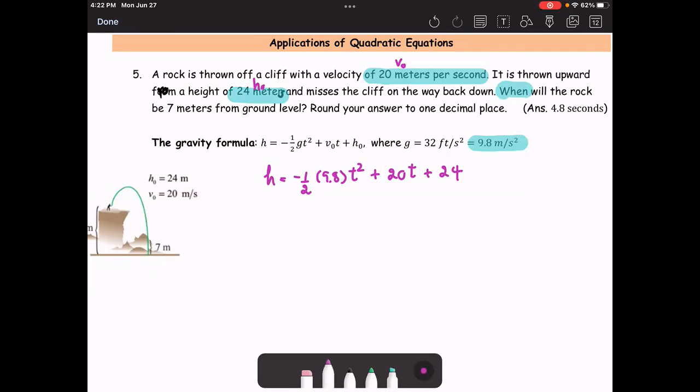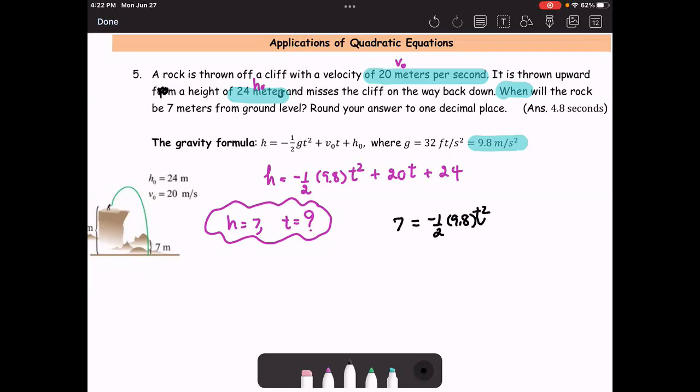That means when h equals 7, what is t? Set up the equation: 7 equals negative 1/2 times 9.8 times t squared plus 20 times t plus 24, and we are going to solve for t.